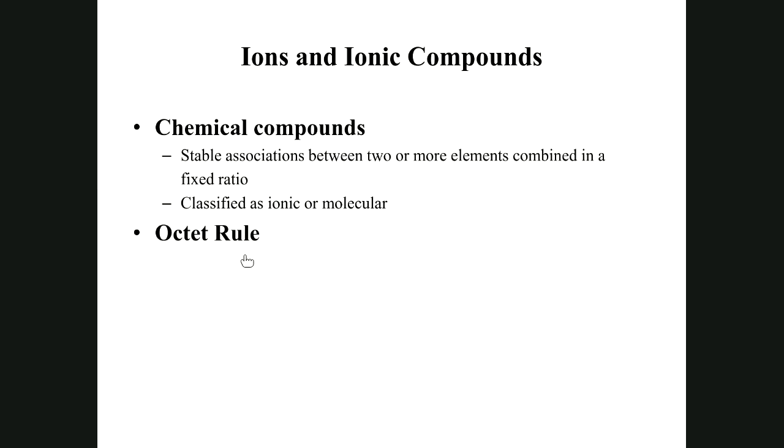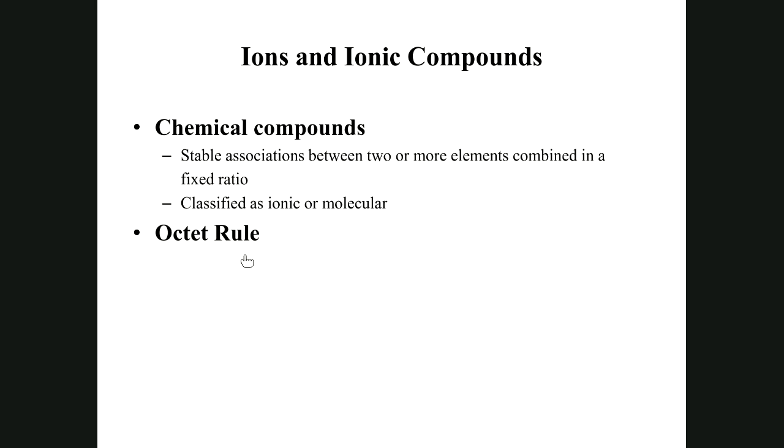So if it's got less than 4, it's more than likely to give those electrons away. And if it's got more than 4, it's more than likely to try to find more electrons to get its 8, right? So you can either give away your extra ones to drop down to the next shell that has 8 electrons, or you can add to that existing shell, and then you can go up to the next 8. So that's what this octet rule does.